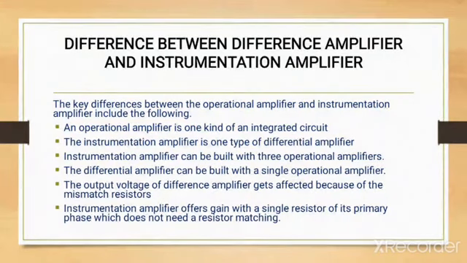It can be built with 3 operational amplifiers, whereas a differential amplifier can be built with only a single operational amplifier, and the output voltage of difference amplifiers gets affected because of mismatched resistors. But the instrumentation amplifier offers gain with only a single resistor at its input stage, which will not affect the resistor matching.